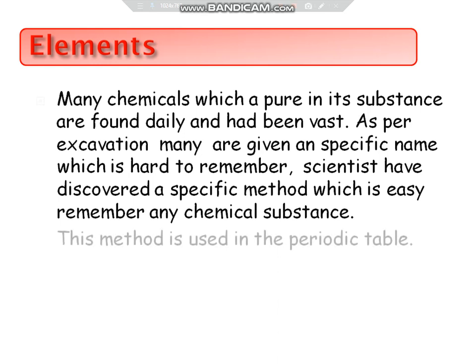Now, a specific method is there, which is using the periodic table. Now we take a specific substance which is pure in its substance but has a really lengthy name.